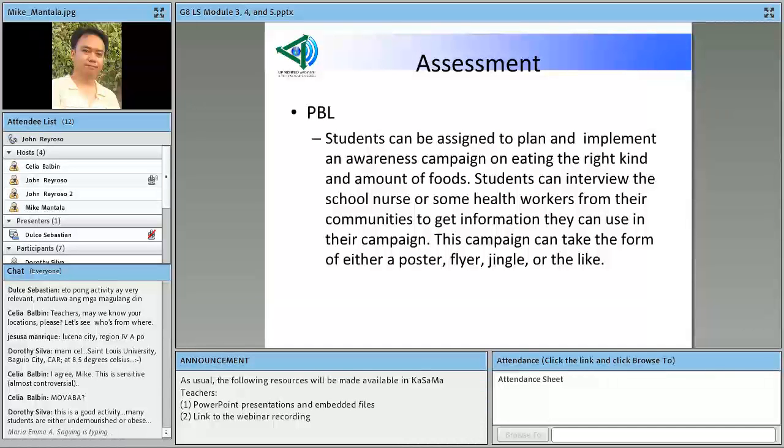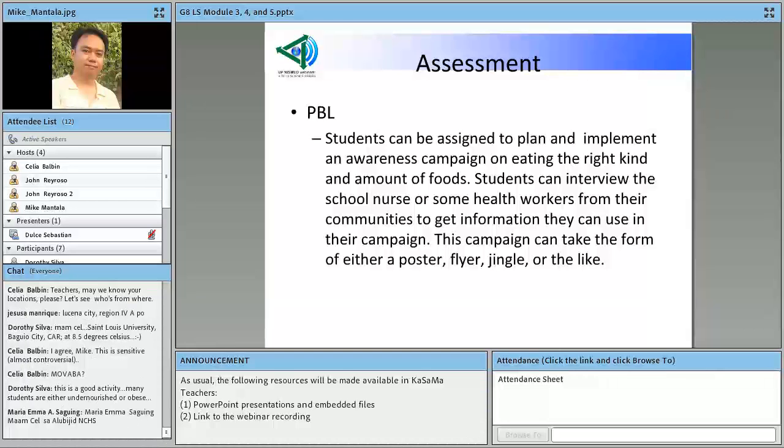Here is another direction that I have thought about. It's project-based learning. Students can be assigned to plan and implement an awareness campaign on eating the right kind and amount of foods. Students can interview the school nurse or some health workers from their communities to get information they can use in their campaign. This campaign can take the form of a poster, flyer, jingle, or the like.